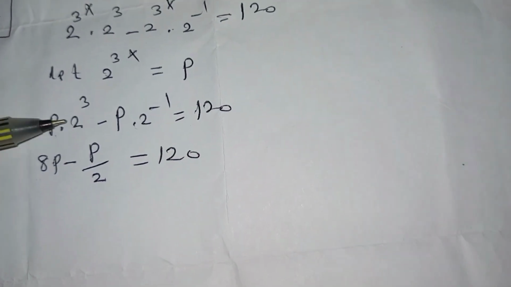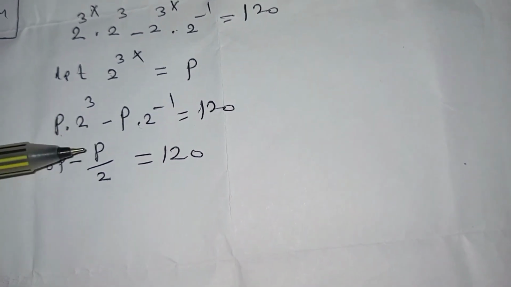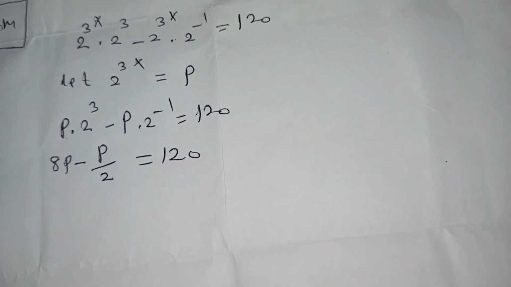So we shall obtain p multiplied by 2 power 3 minus p multiplied by 2 power negative 1, which is equal to 120. So we shall have now 8p minus p over 2, which is equal to 120. Because 2 power 3 is the same as 8, and the 2 power negative 1 is the same as 1 over 2. So we multiply by 2 on both sides so that we obtain the following.